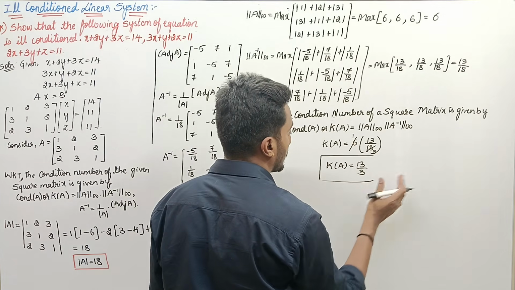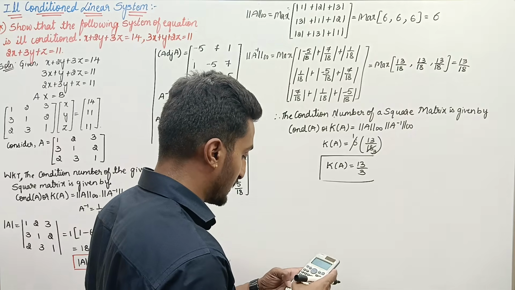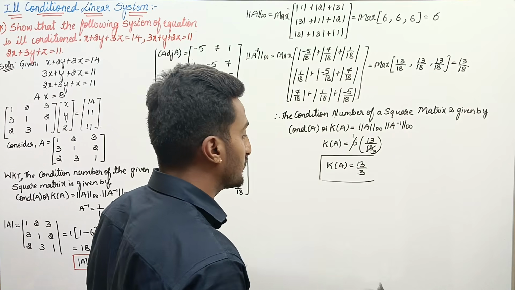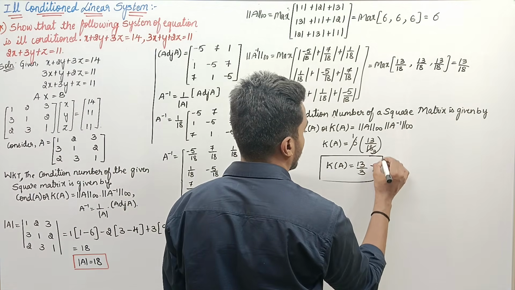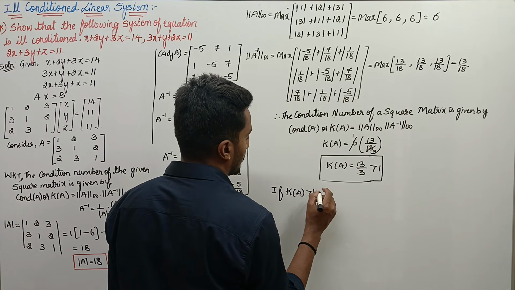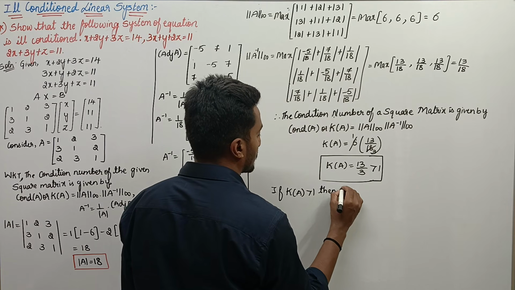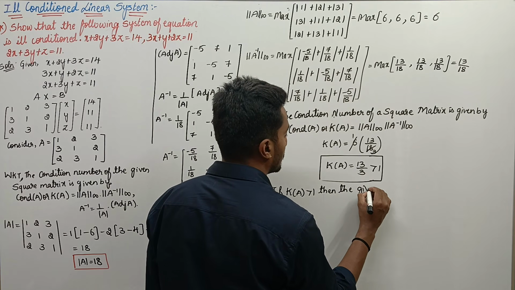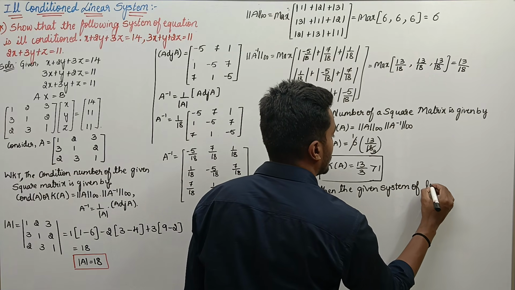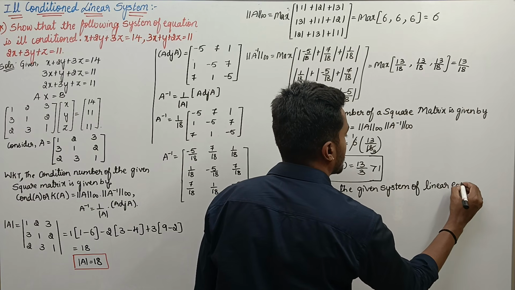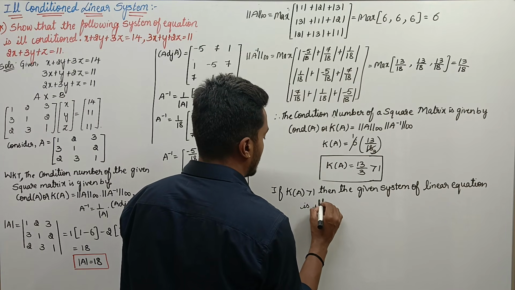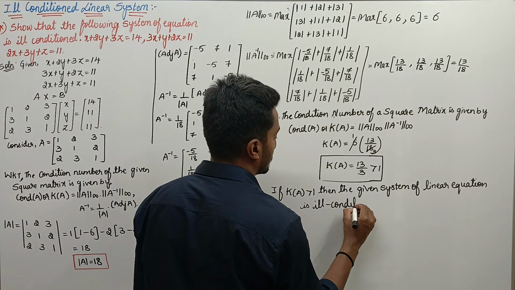If K of A is greater than 1, if 13 by 3 is greater than 1, yes, it is greater than 1. Since it is greater than 1, then the given system of linear equation is ill condition.